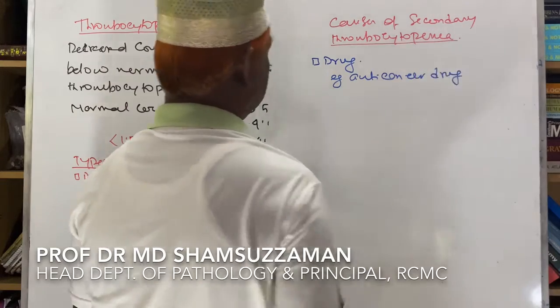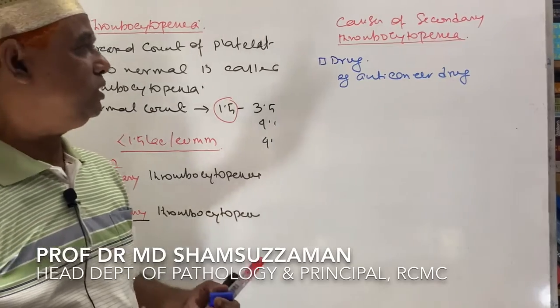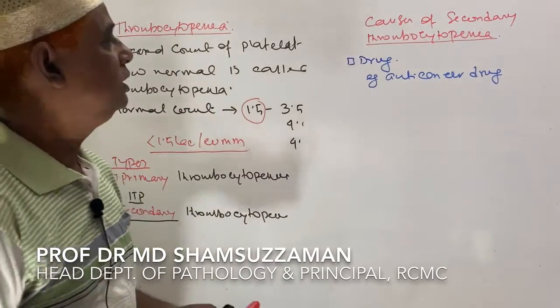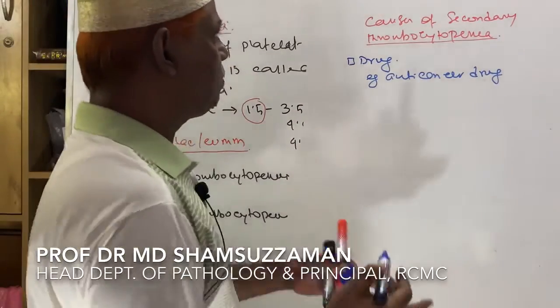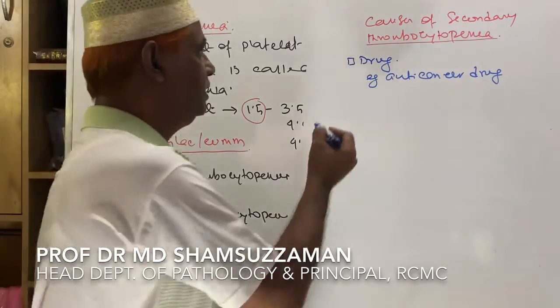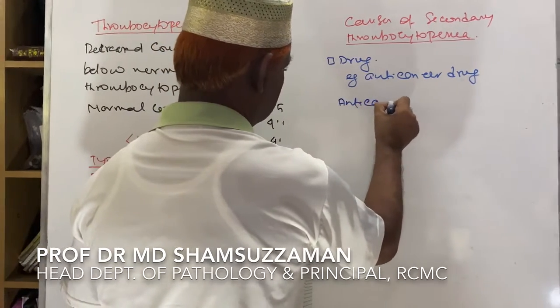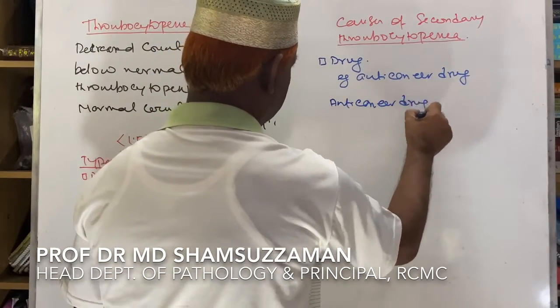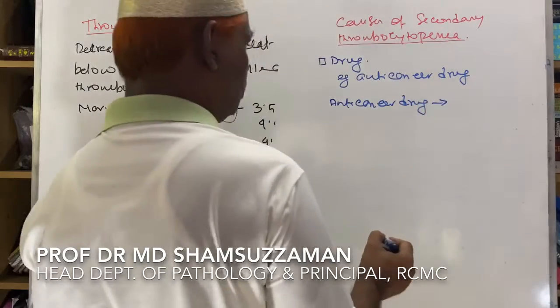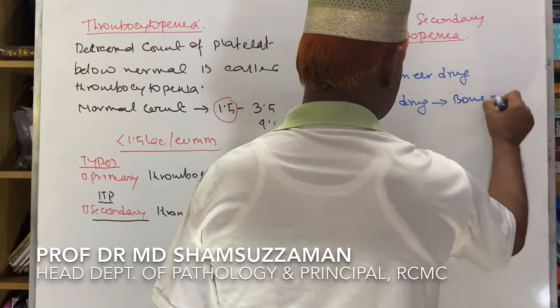Dear audience, if anybody is treated with anti-cancer drugs, how does it cause thrombocytopenia? The anti-cancer drug acts upon bone marrow and causes bone marrow depression.